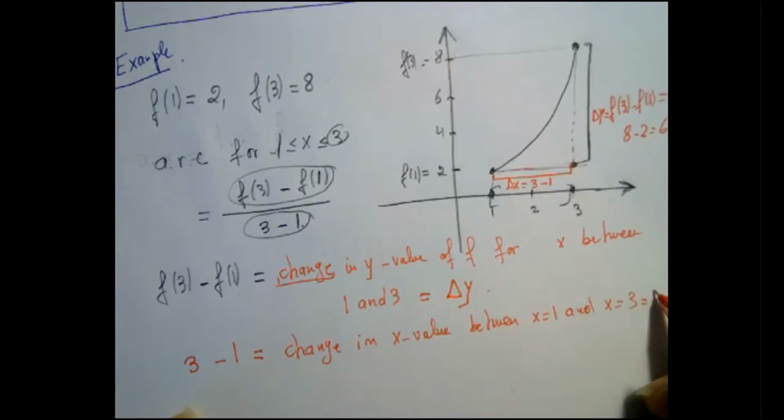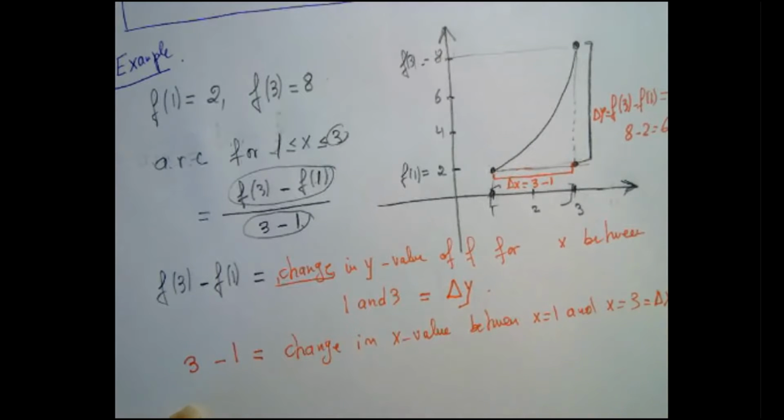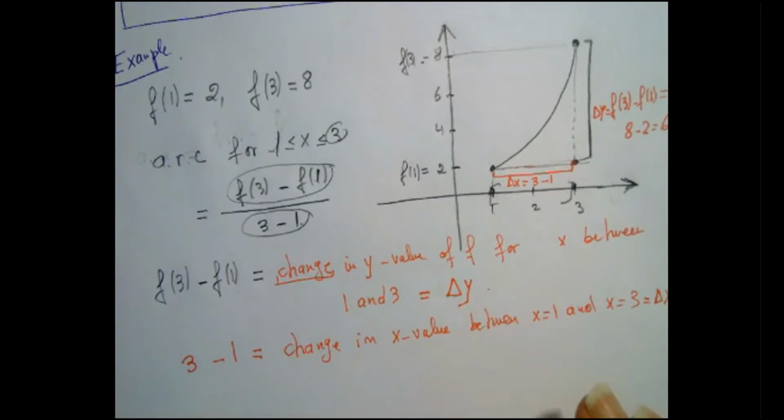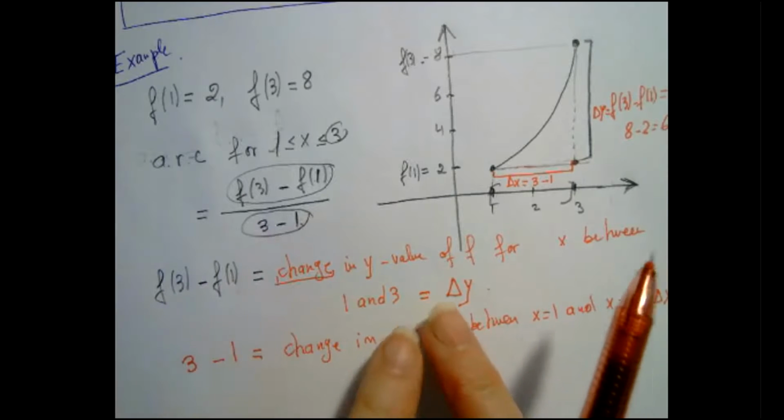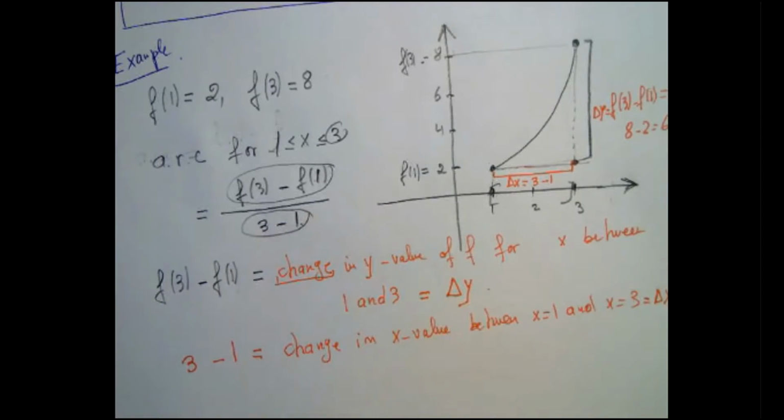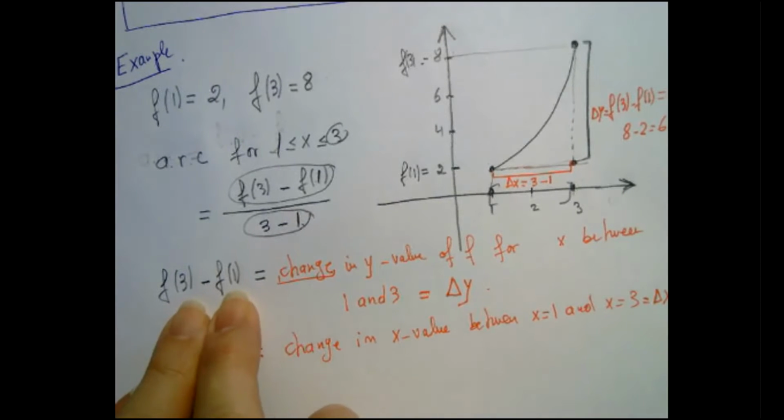And we denote it by delta x. Delta is a Greek letter that represents a change. It actually refers to difference, because we're taking the difference. Delta really is the D in Greek, because delta represents the difference between two things. And for the change in the output, we're taking the difference between the two outputs.